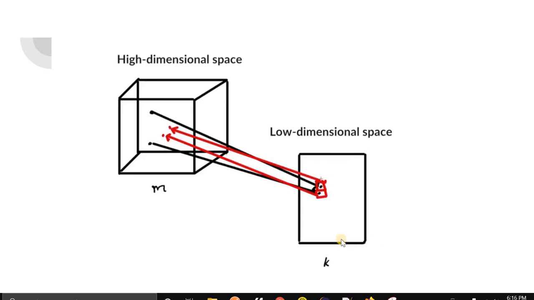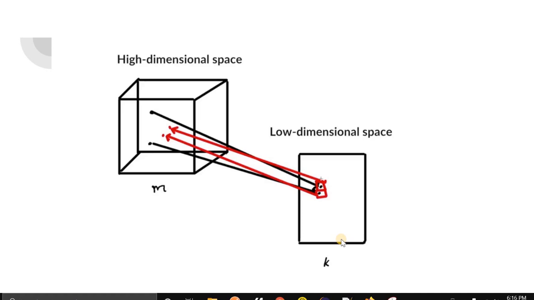So the 3D object is converted into a 2D space, right?